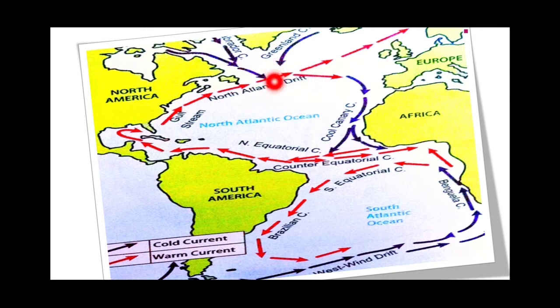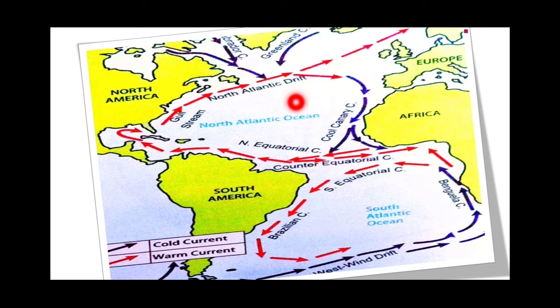Why is the word drift used? When an ocean current comes under the influence of wind, here the westerly wind, it is known as a drift. Drift is also an ocean current, but when it is under the influence of wind, it is known as drift.